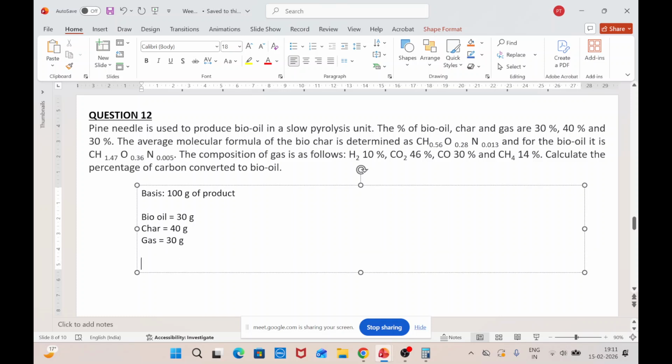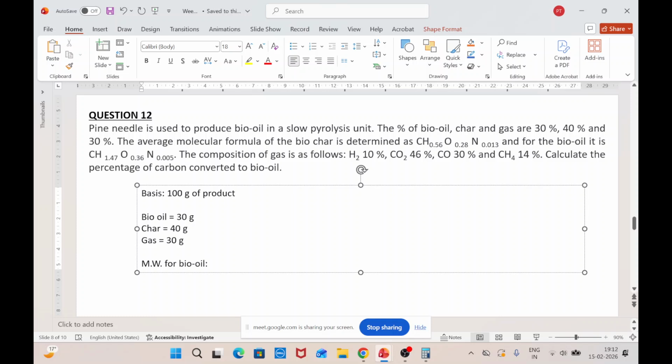Now you know the average molecular formula for biochar and bio-oil, and you have the gas compositions. With this you can calculate the molecular weights. For bio-oil, I'll write it out, and I request everyone to do the other two on their own. The formula is CH1.47O0.36N0.005.